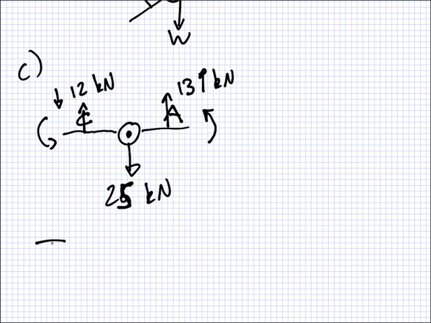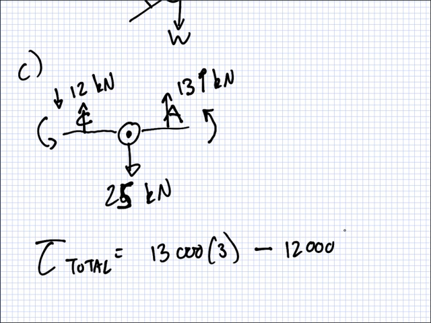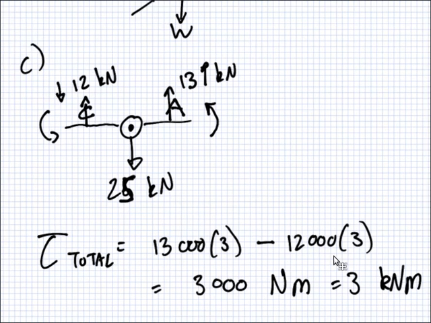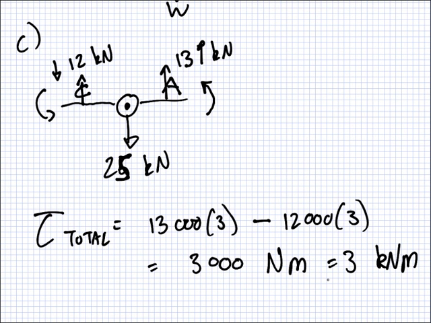So the total will be 13,000 times 3 minus 12,000 times 3, which will be 3,000 Newton meters, or 3 kilonewton meters. Oh, and we should say which direction that is: anti-clockwise.